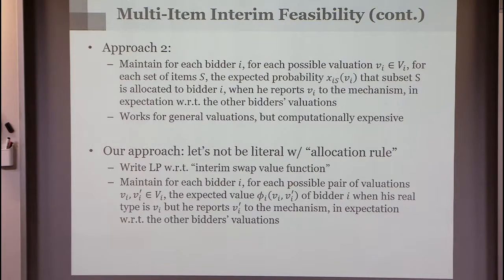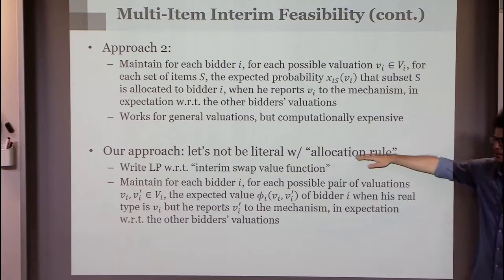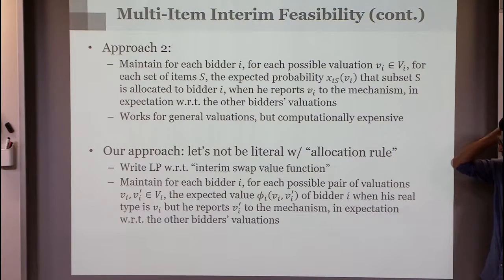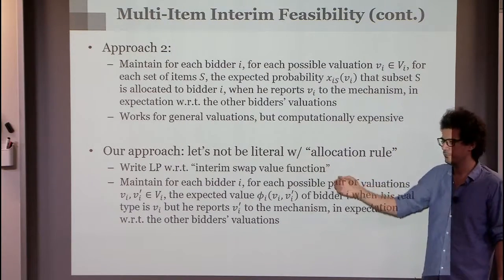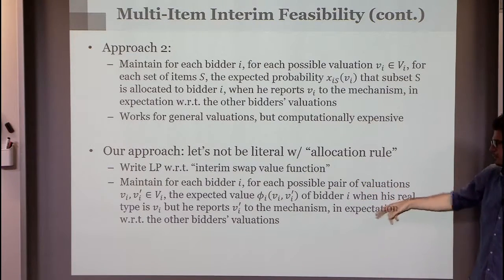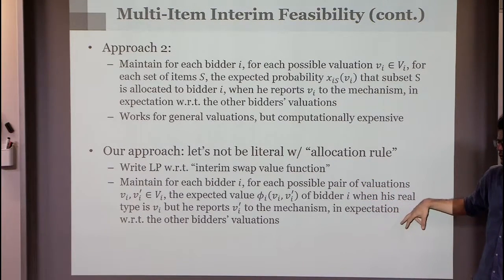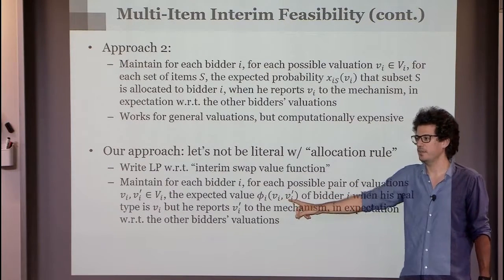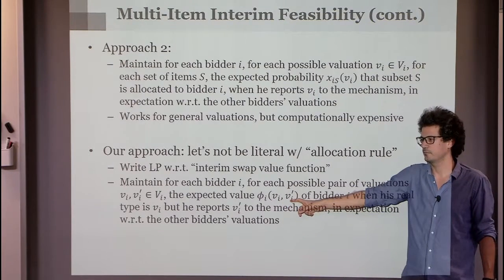Instead, what we do is we are actually not literal about the allocation rule. We forget about allocation probabilities. What we maintain is this funny thing that we call the interim swap value function, which basically says: in expectation over what the other bidders are doing, what would be my value if my real valuation function was VI, but instead I report VI prime to the mechanism.